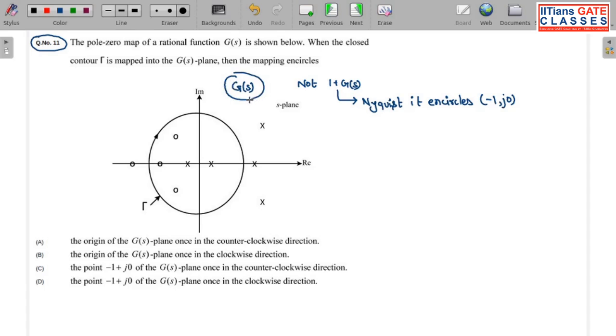It will encircle the origin, and the number of encirclements will depend on the number of poles and the number of zeros that are enclosed in the contour given.